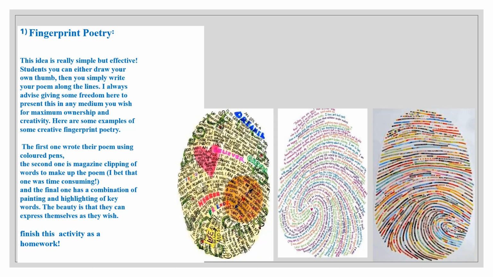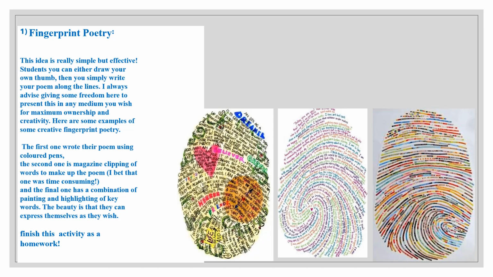Either you can draw your own thumb, you are not going to put your thumb in the color and paste it on the paper, but you can draw a big thumb also. You will simply draw that thumb on the paper and then write the poem along the lines, means poetic lines from Unit 1, 2 you will write on that thumb.